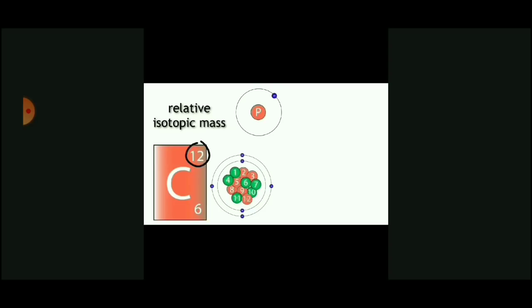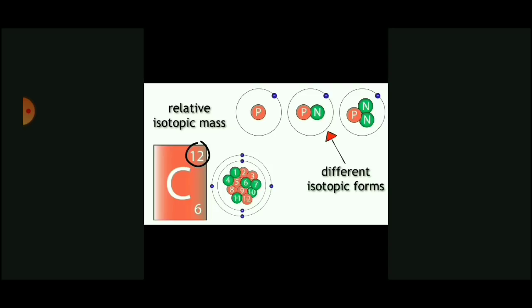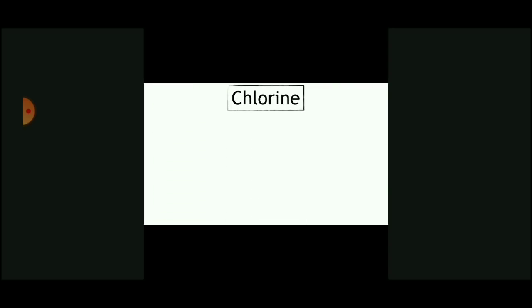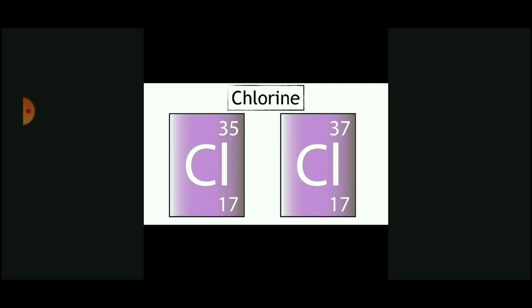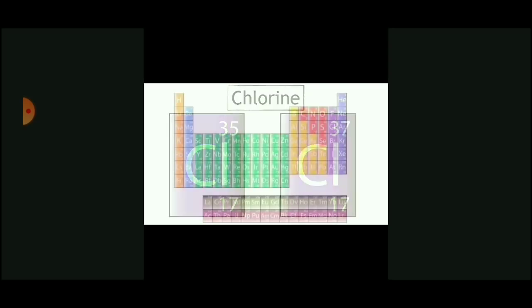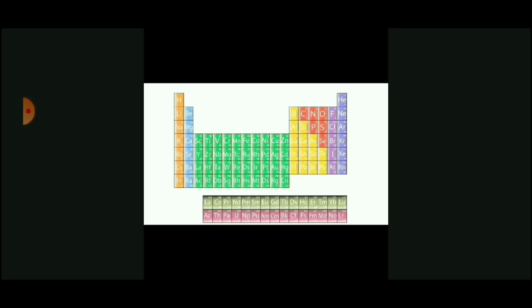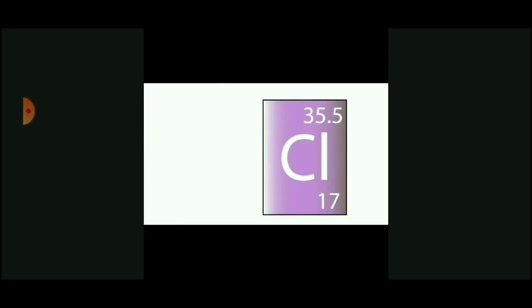Relative isotopic mass: look at the carbon atom and also the isotopic forms of an element. For example, we take isotopes of chlorine, chlorine-35 and chlorine-37. Let us see the periodic table. The relative atomic mass of chlorine is given as 35.5.